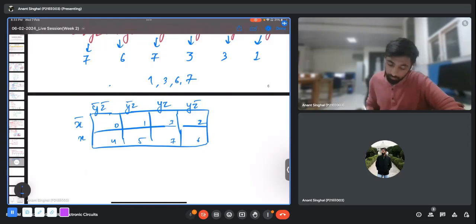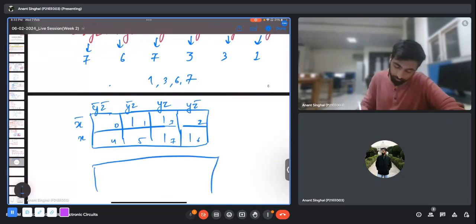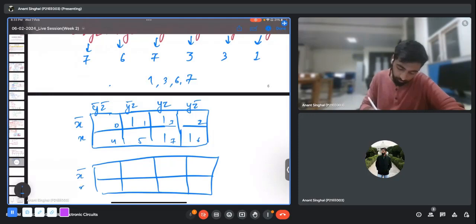So either I can fill 1, 3, 6, 7, or I could fill the k-map using a shortcut. If I go again, I can try to make the same.